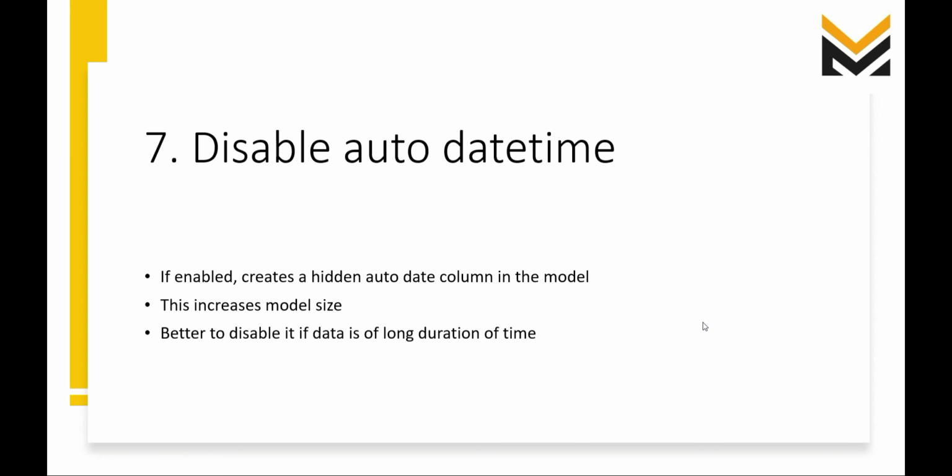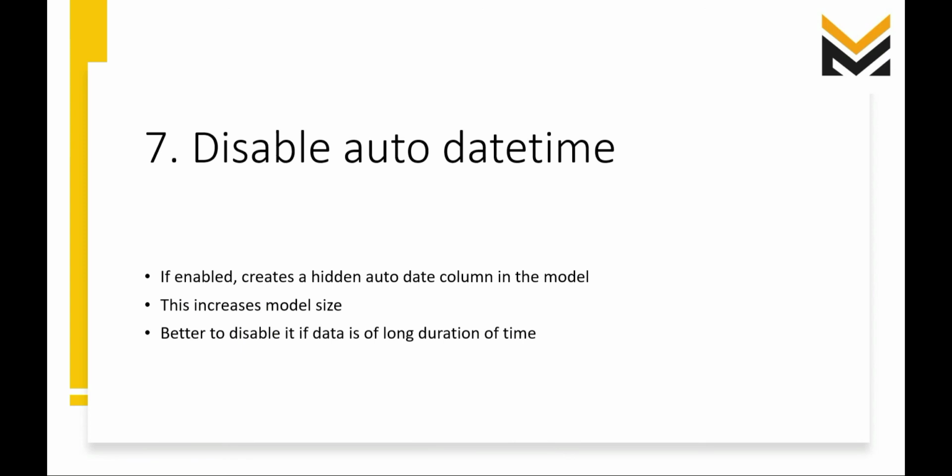In this case particularly, you are going to have two date columns in your model. One is hidden and one is not hidden. This is created so that you have all those functionalities available: year, month, quarter, day, all those hierarchies. But if you don't want them, then you can always disable it.